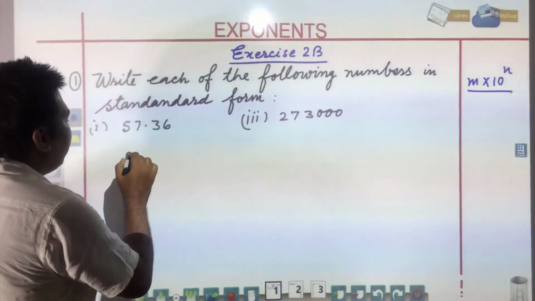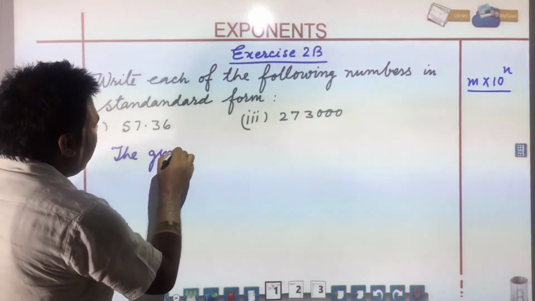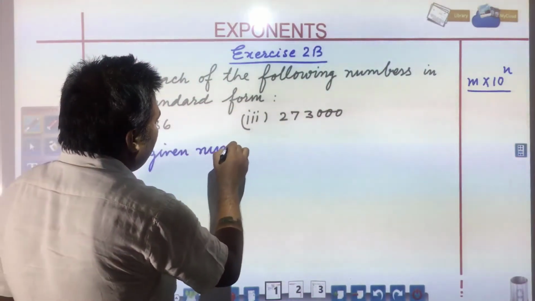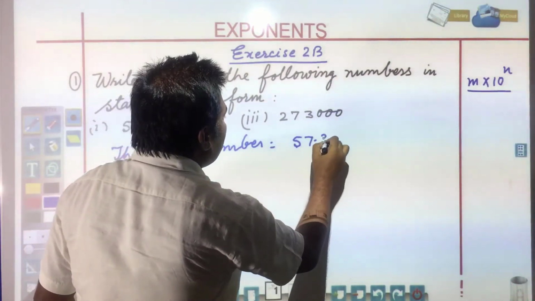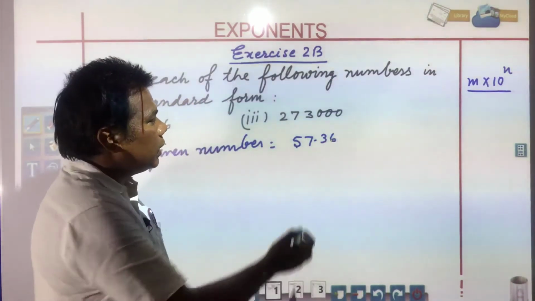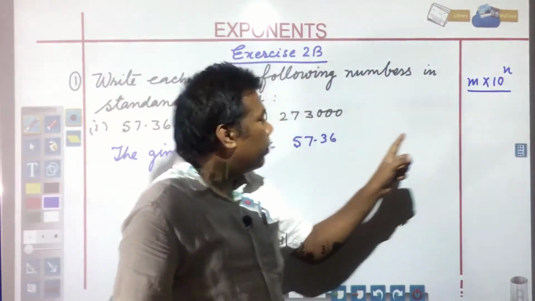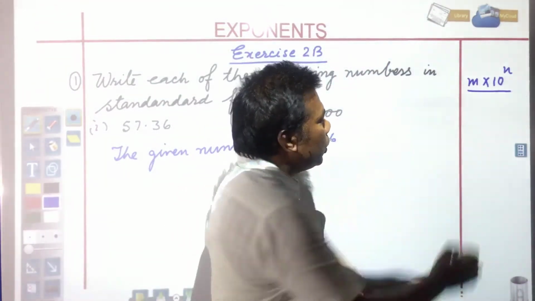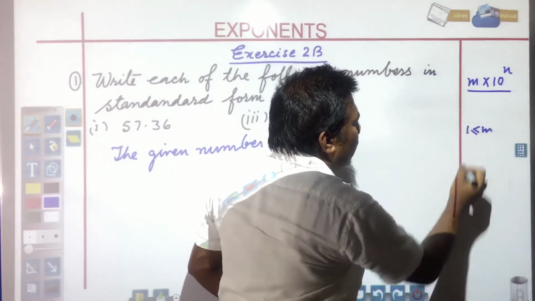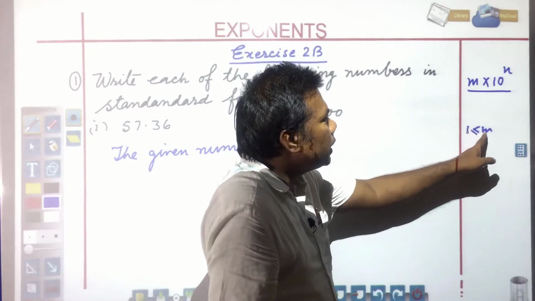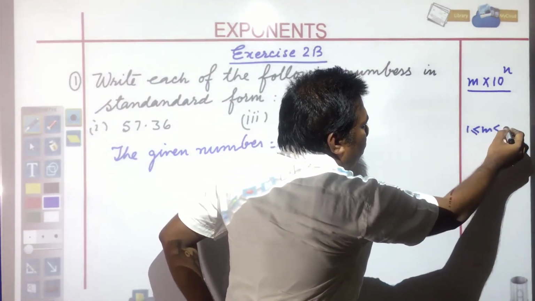Here you see the given number you have is equal to 57.36. Now, this is required to be written in the form m into 10 to the power n, where m is equal to 1 or greater than 1 but lesser than 10.